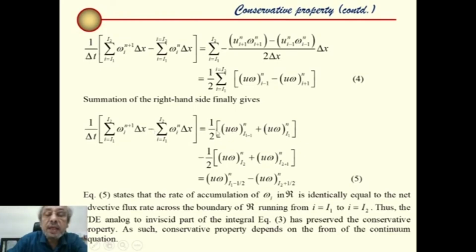Right hand side is half u omega I1 minus 1 at nth level plus u omega I1 at nth level. All intermediate fluxes, if you write systematically, you will see they will cancel out. Minus again half u omega at I2 nth level plus u omega at I2 plus 1 at nth level.